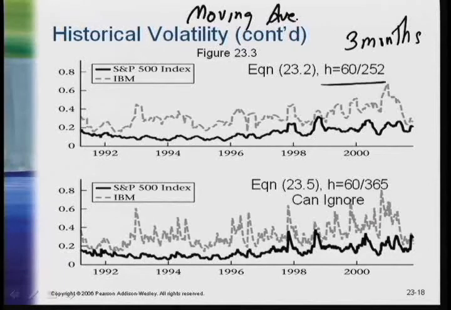You'll also notice that there's a fair degree of correlation in the sense that some of the really major jumps in the S&P index are often magnified by even greater jumps in the IBM index. So, we look at periods here where you see IBM responding either like the market or even worse than the market.